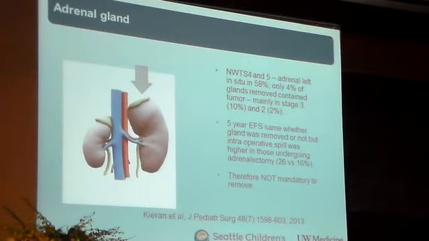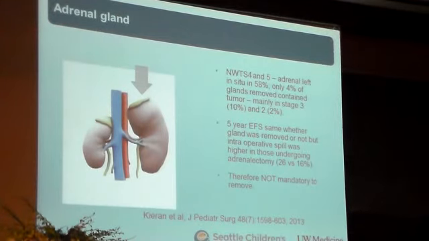What about the adrenal gland? This is a study from Vanderbilt that looked into the stage 4 and 5 groups, and the adrenals were left inside in 58% of those, and only 4% of the glands that were removed contained tumors.